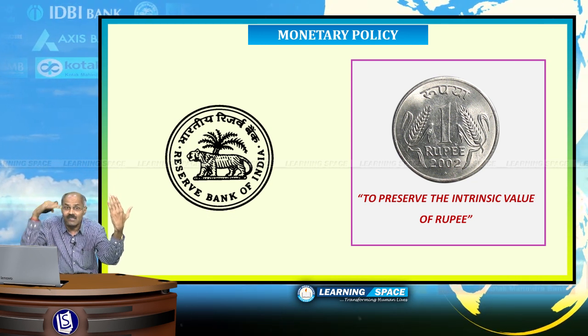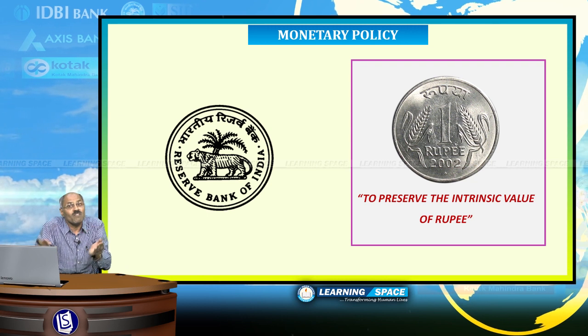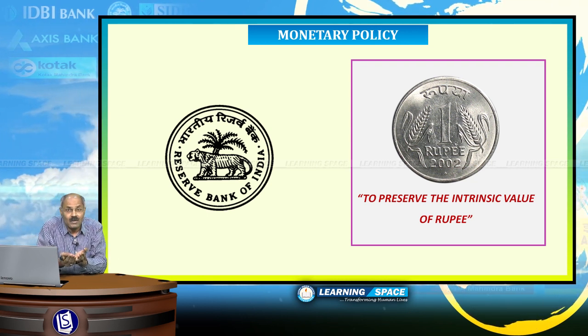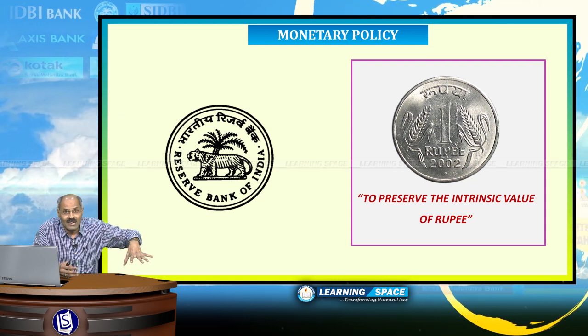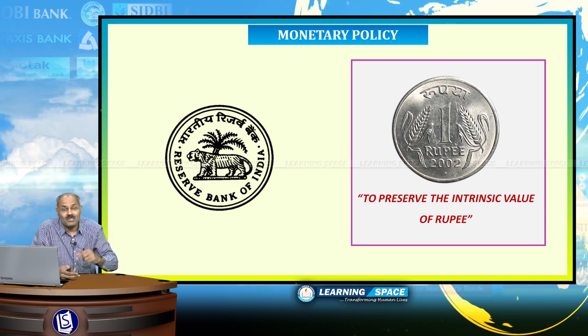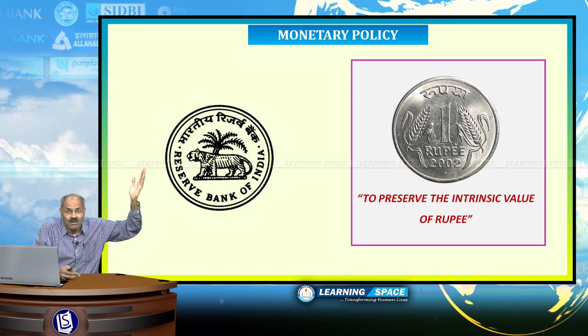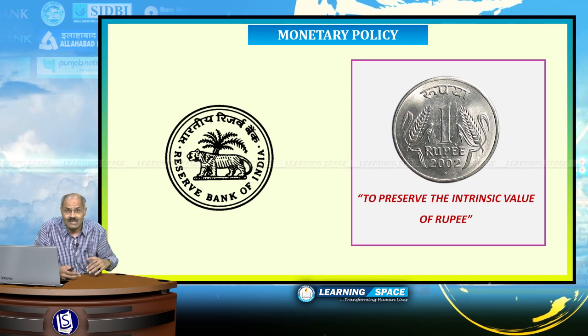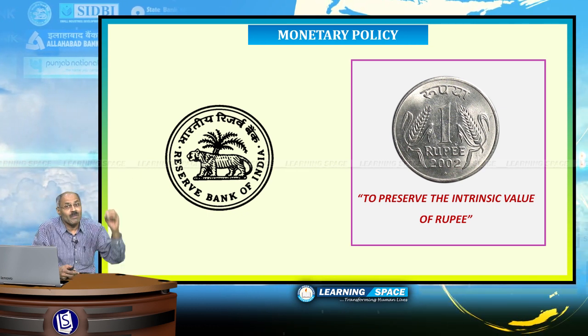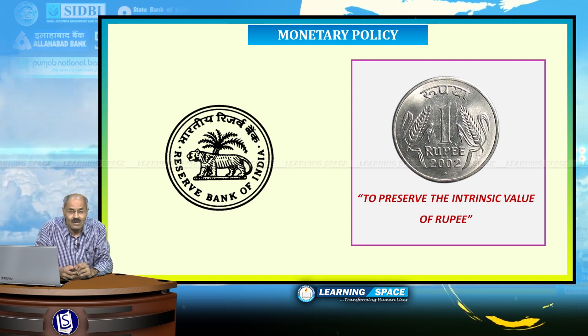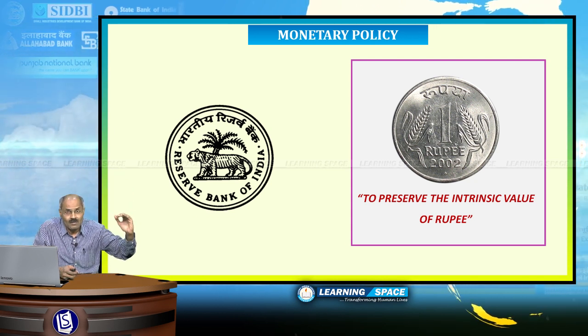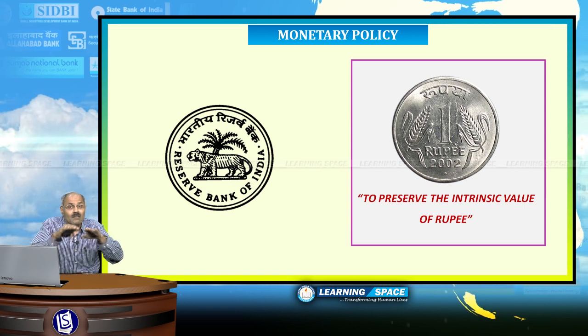If inflation exceeds certain limit, then my rupee value will reduce. Then what will happen? Poor man will suffer in the country. That's why inflation should not go beyond certain percentage. RBI gives target of 4%, 6%, something like that. So the basic purpose of monetary policy is controlling inflation and to preserve the value of rupee.